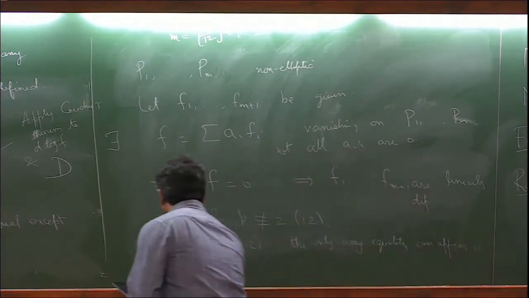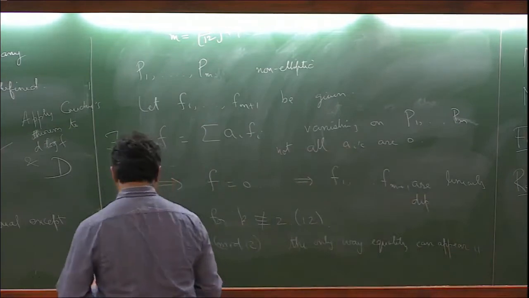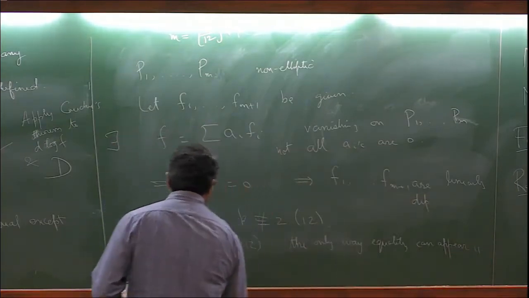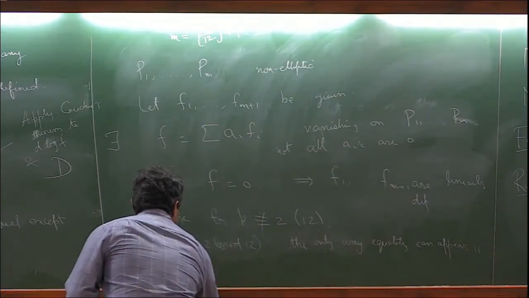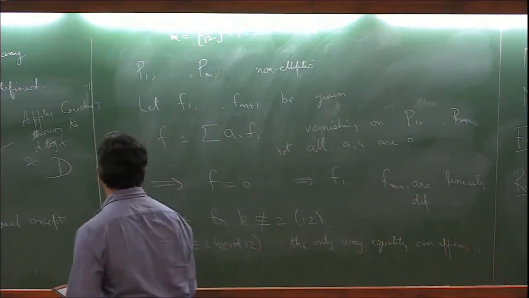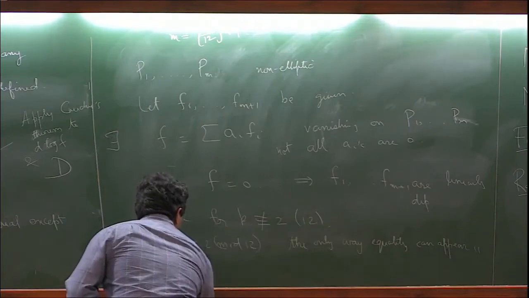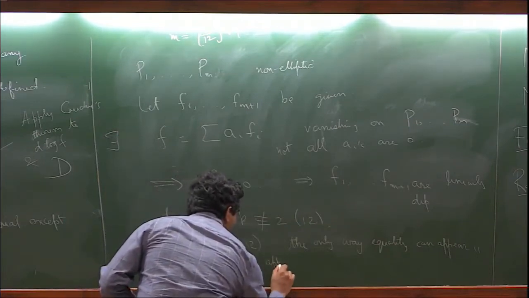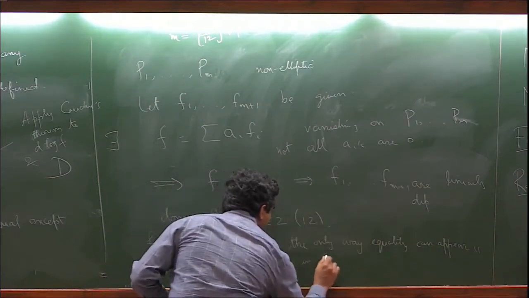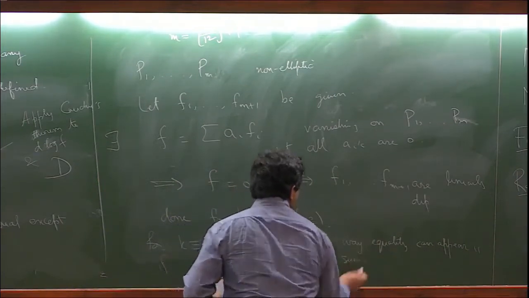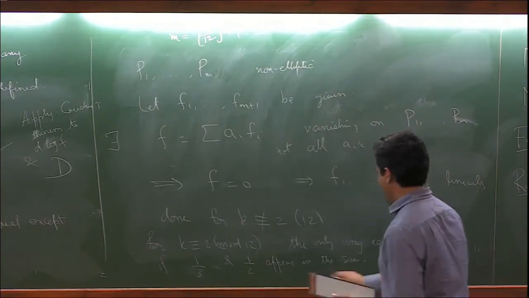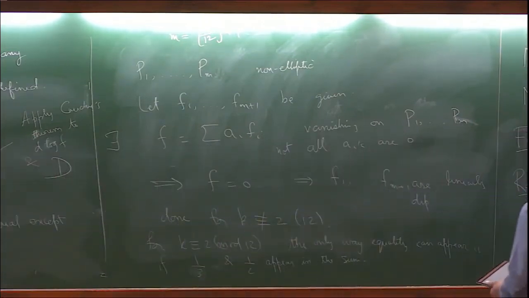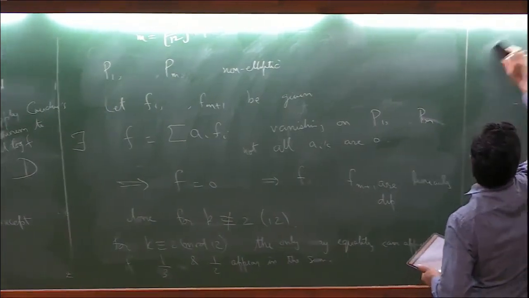And for k congruent to 2 mod 12, if 1 by 3 and 1 by 2 appear in the sum, you just have to figure out that you need to have an equality, and that's the only way equality can appear.